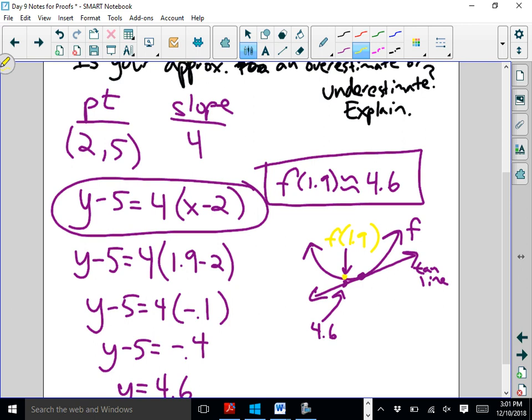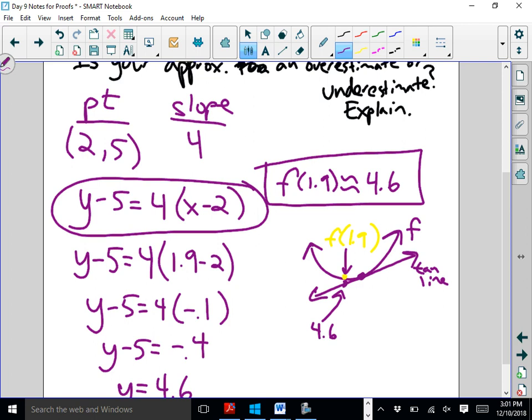Well, by looking at this, I can see that my 4.6 is going to be too low of an estimate. It's going to be an under approximation. Because anytime f is concave up, and that was given information, I know that my tangent line is always going to lie below the curve.